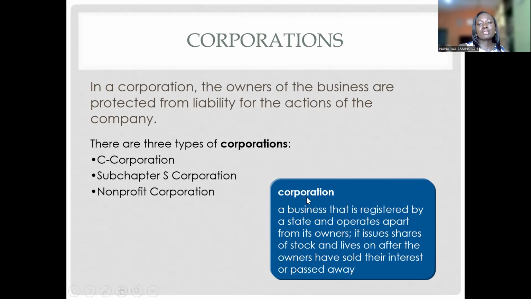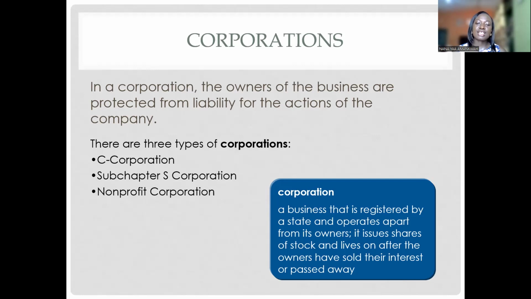Now, a corporation is a business that is registered by a state and operates apart from its owners. It is usually meant to issue shares of stock and lives on after the owners.